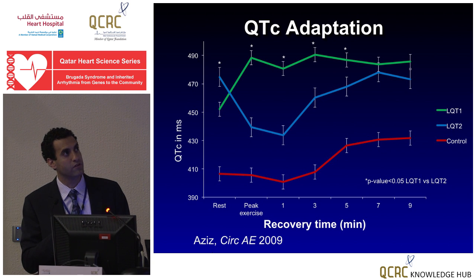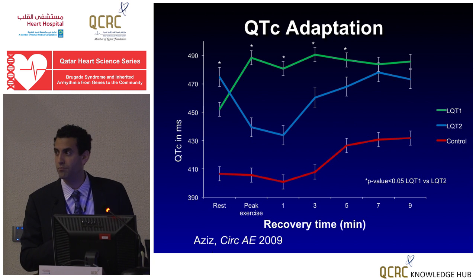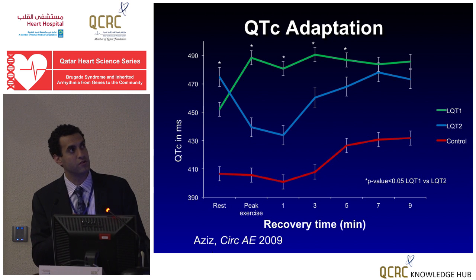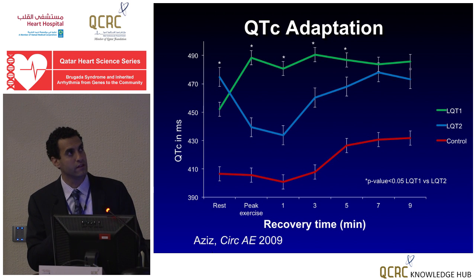If you look at recovery, the main difference between long QT1 and long QT2 is that long QT1 patients are affected most during the peak of exercise, most during the early recovery phase, where their QTCs become markedly even more abnormal than they were at baseline. And that abnormality seems to persist throughout the recovery phase.